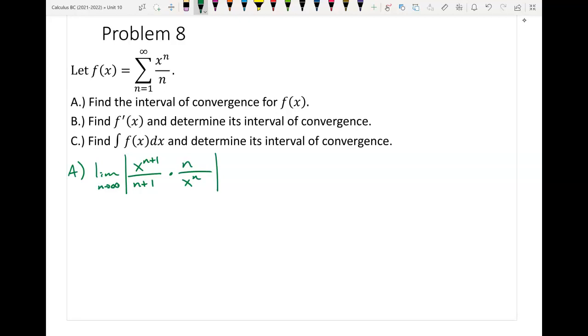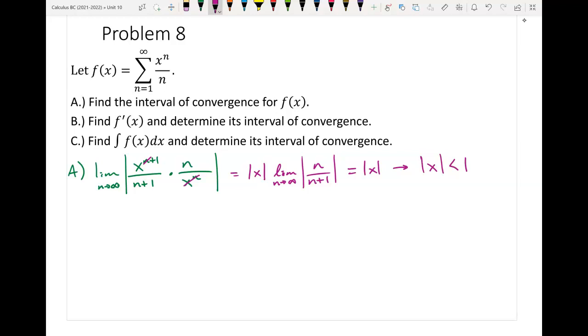Well, I see that x to the n can go away with that x to the n there, which leaves me with the absolute value of x times the limit as n goes to infinity of n over n plus 1, and that limit is equal to 1. So that is just the absolute value of x. Now, according to the ratio test, for that to converge, we need the absolute value of x to be less than 1.